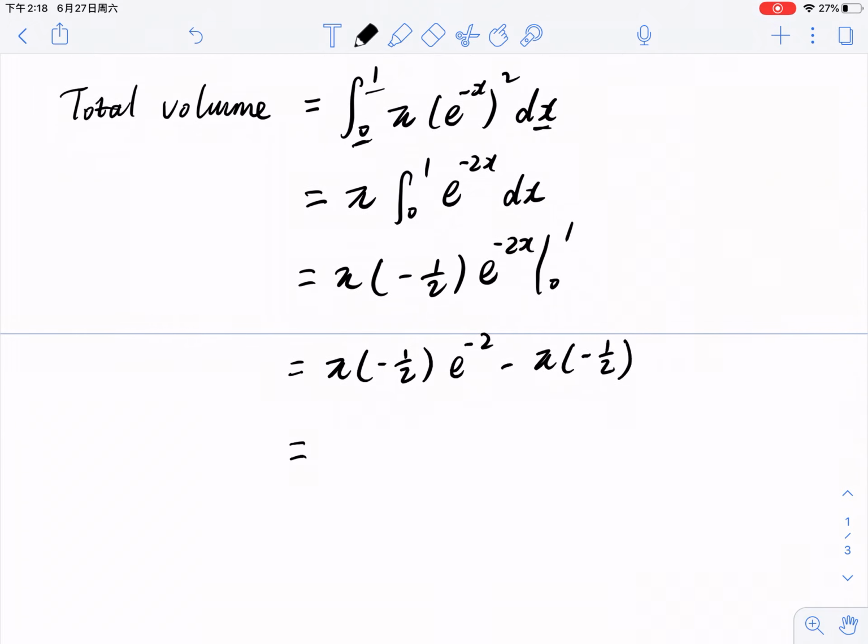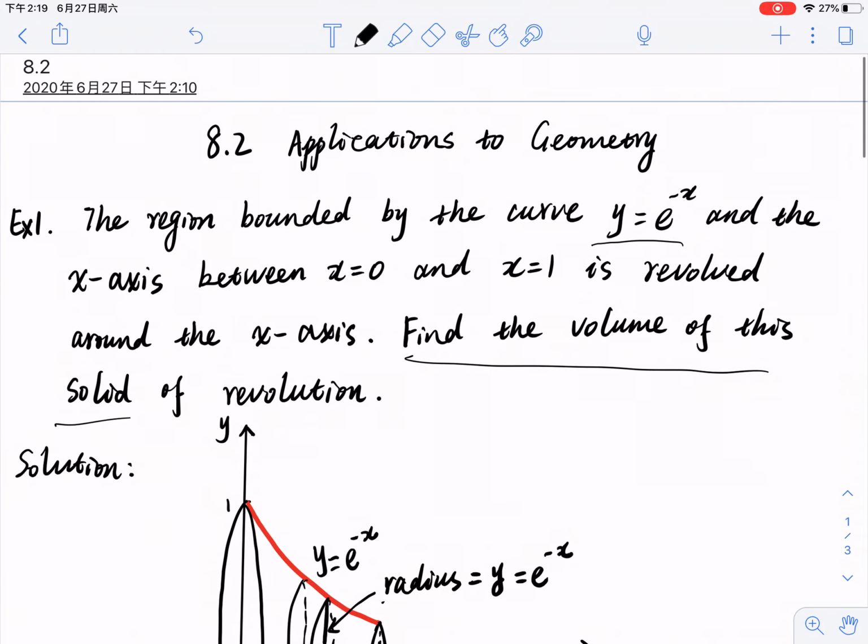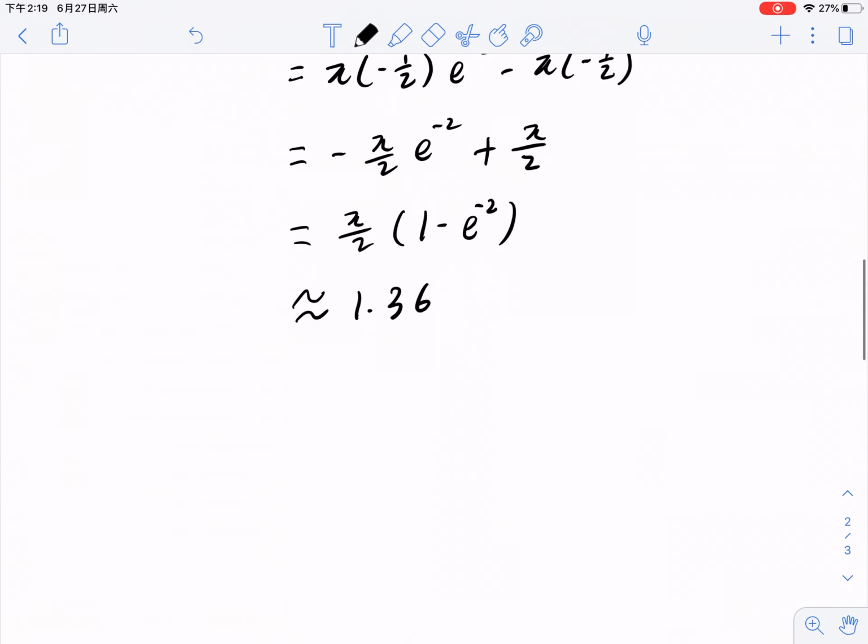So this is negative pi over 2 e to negative 2 plus pi over 2, which is pi over 2 times the quantity 1 minus e to negative 2. This is approximately equal to 1.36. So the volume of this solid of revolution is equal to this number.